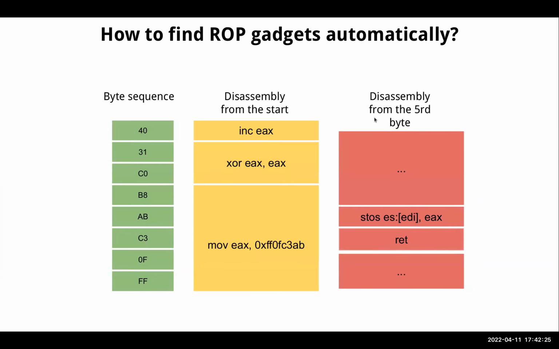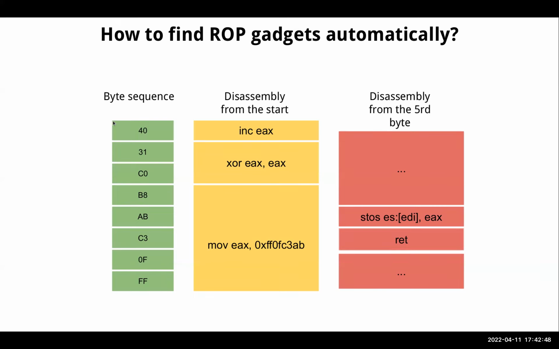So this is related to this picture here, right? Let's say you have a big binary, no matter whether it's your own executable or libc. You are just trying to find instruction sequences that end with C3, right? Because C3 is return.